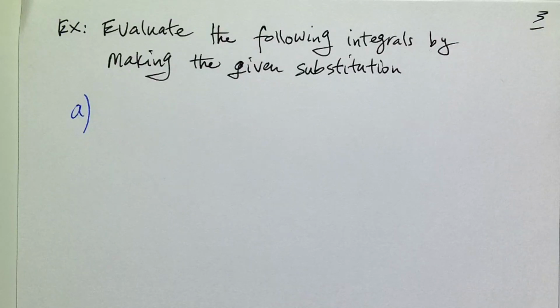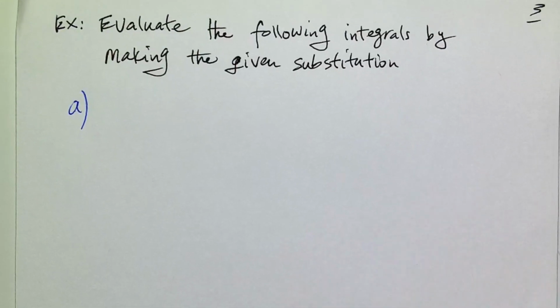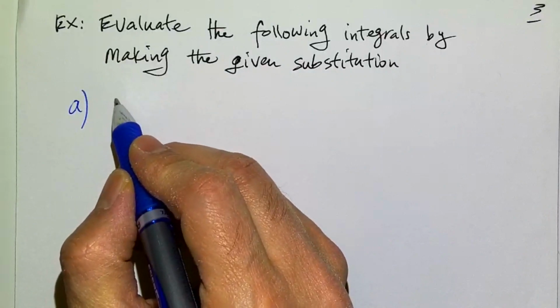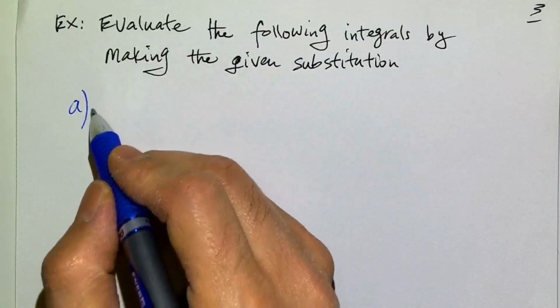And earlier I said that's when one piece of the integral is the derivative of the other piece of the integral. That's when this substitution rule will easily apply. So in these few examples, we are given that information, but not often. We'll have examples of both kinds.